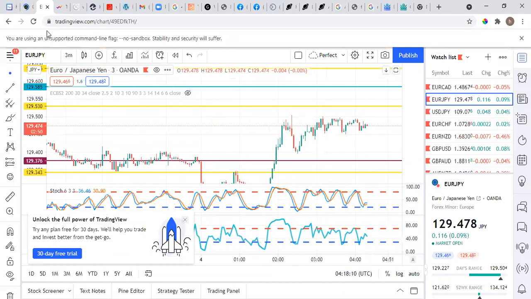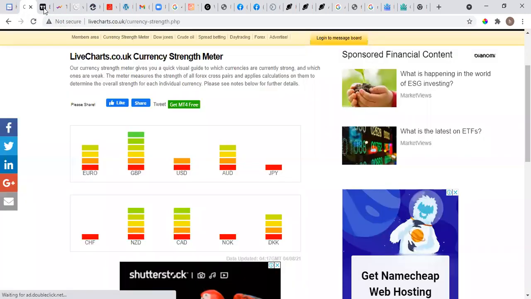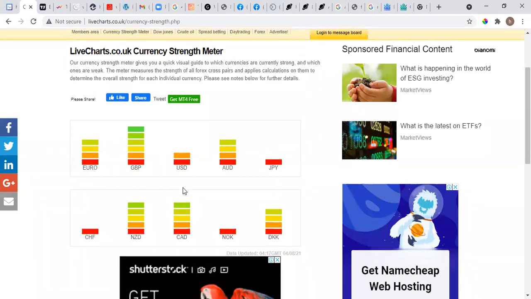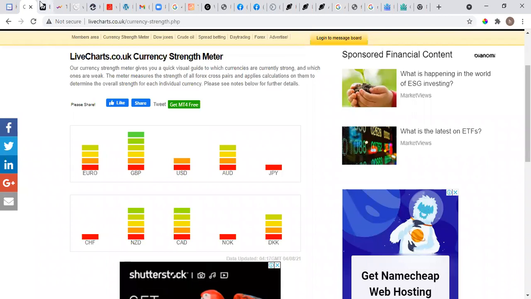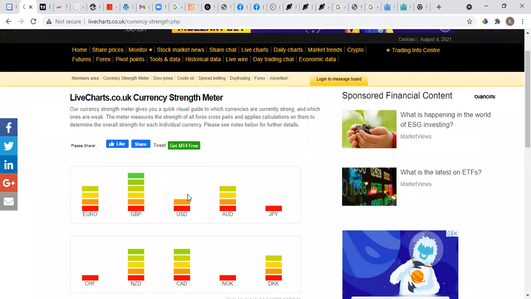Sometimes there are trades that I refuse to get in because by the time I went back, the educator might be distracted and might not have had time to come back to the currency strength meter to refresh and check if the currency strength still aligns with his analysis. But I might have checked and seen that it has changed, or maybe it was Euro JPY and it was looking for a sell. Let me show you what this means.